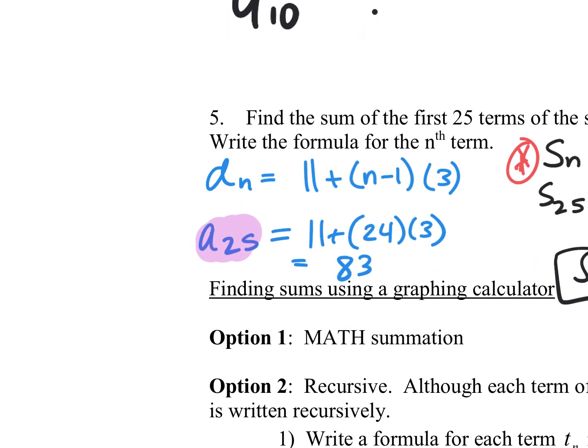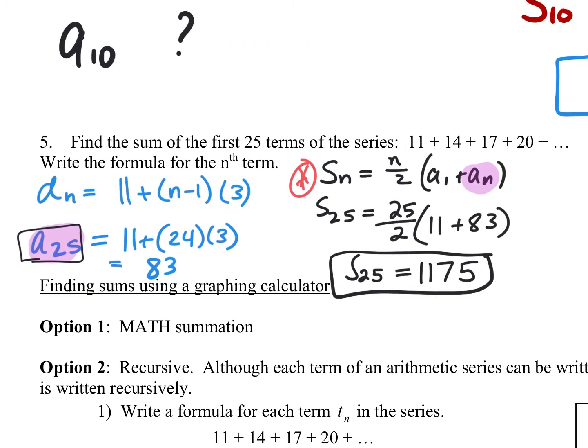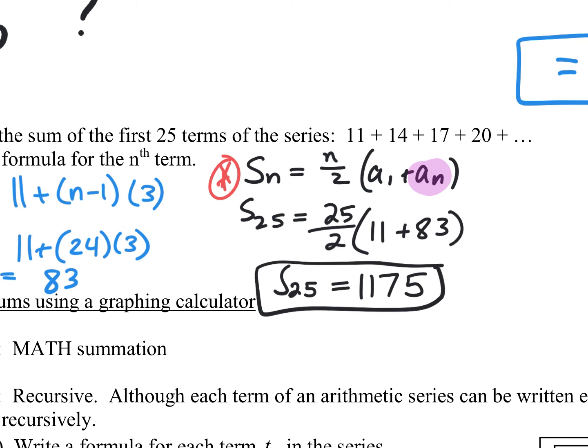I worked over here, figuring out the 25th term using that formula from the beginning of our notes: 11 plus 3 times 24 is 83. That 83 gets plugged into our partial sum, the sum of the first 25 terms. We can plug directly into that formula, and we find that the sum of the first 25 terms is 1,175.